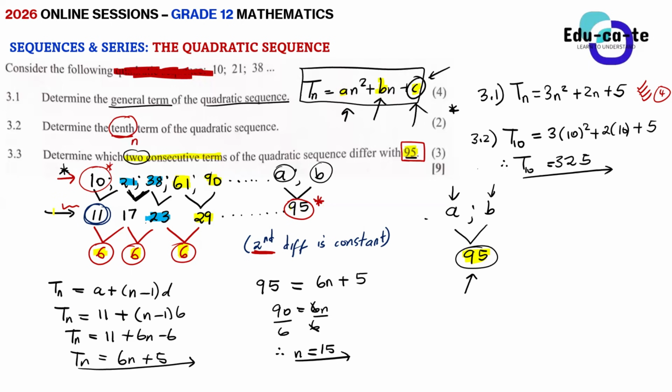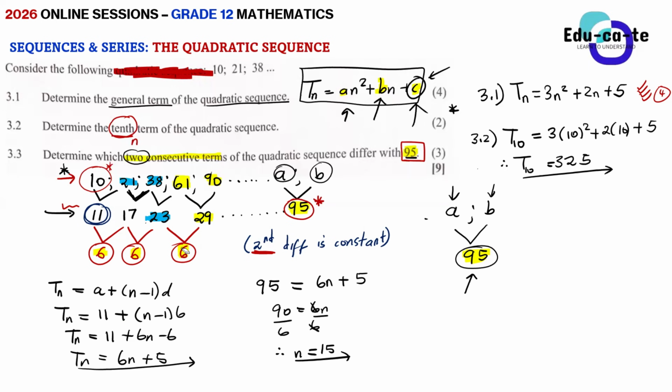The arithmetic sequence comes from the first differences of the quadratic sequence. So guys, please learn to recognize that we actually have two sequences here. As much as this is all about quadratic, the arithmetic sequence plays a role because the first difference itself is a pattern. Do you get the sense, guys? So now how do we find A and B?